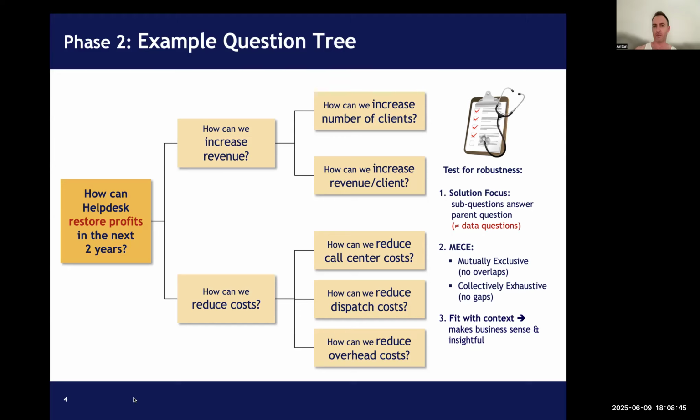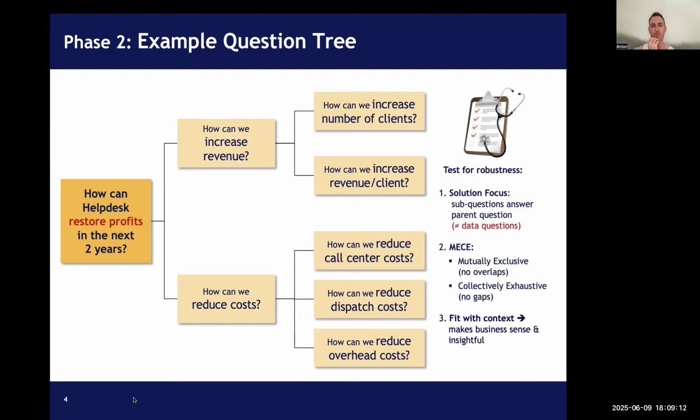You have the bigger question, like how to restore profits, and then you split them into simpler questions, and then even simpler questions, and so you answer from bottom to top. Yes, they're indeed, I wouldn't necessarily say simpler, but definitely more granular, a smaller scope. And then we answer. And the second question, yeah.